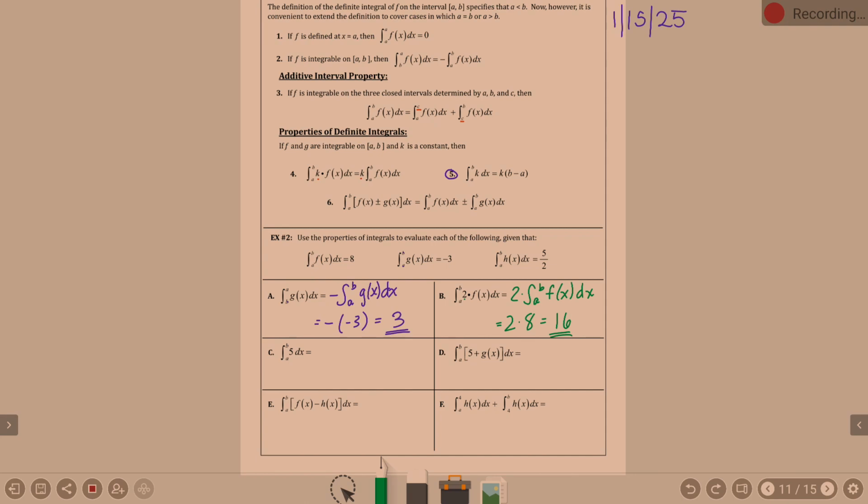So, C, the integral from a to b of 5 dx. 5? There's a specific property you need to use.